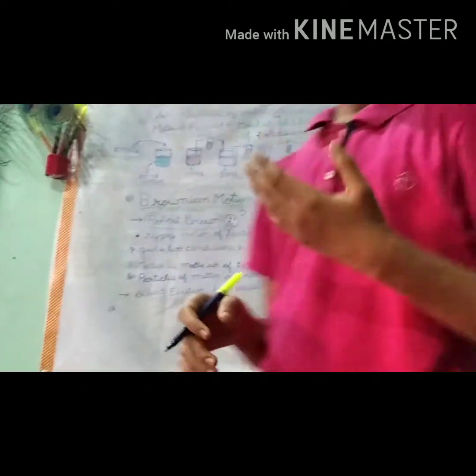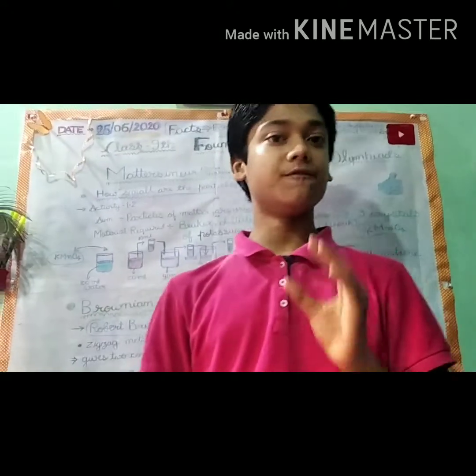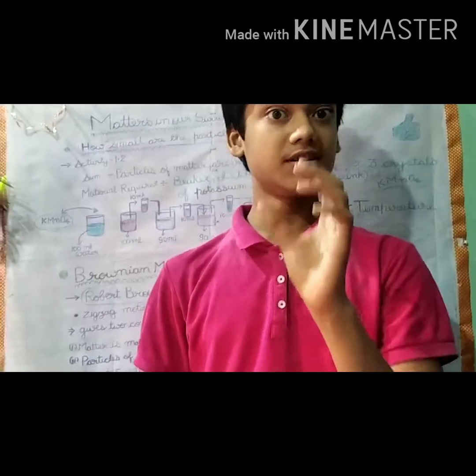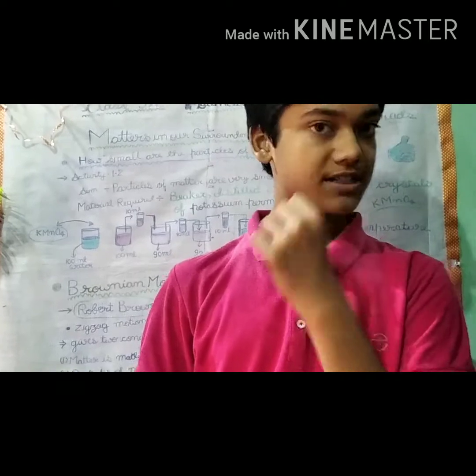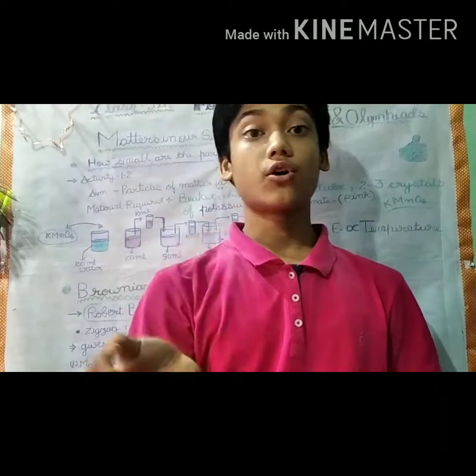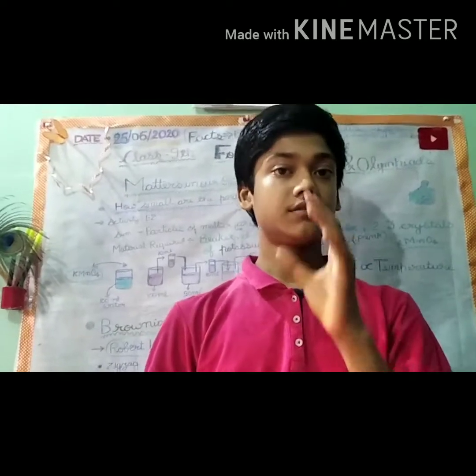It was invented by Robert Brown. Do you know Robert Brown? Robert Brown was the well-known scientist who discovered the nucleus in a cell. You also studied about the nucleus in your class 8. So Robert Brown discovered the nucleus of the cell. He found a dot-like structure on the cell, and it is common for every cell.